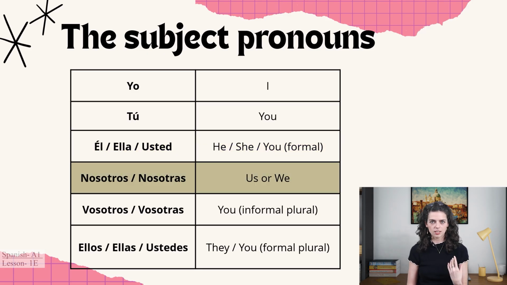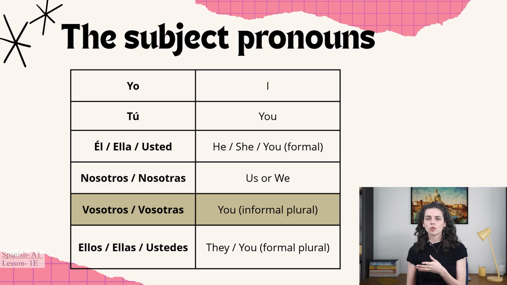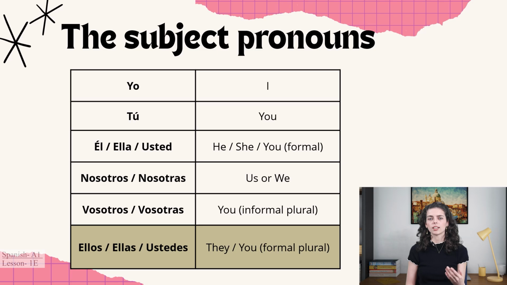Nosotros, nosotras means us or we. And then vosotros or vosotras means you in the informal plural way. Ellos, ellas is they or you. And then ustedes is again you in the formal plural.